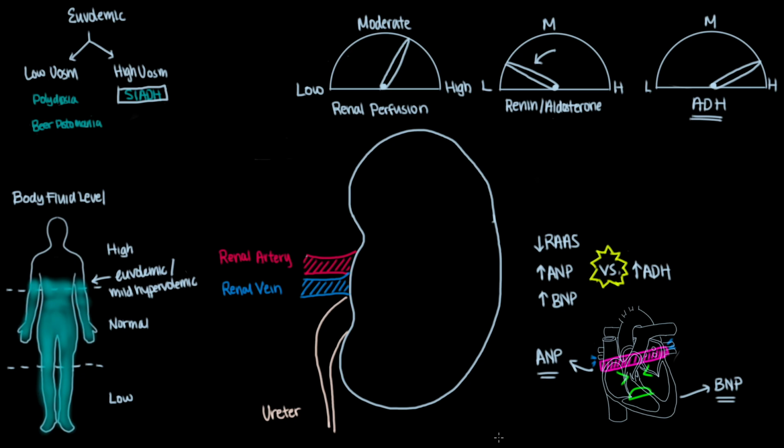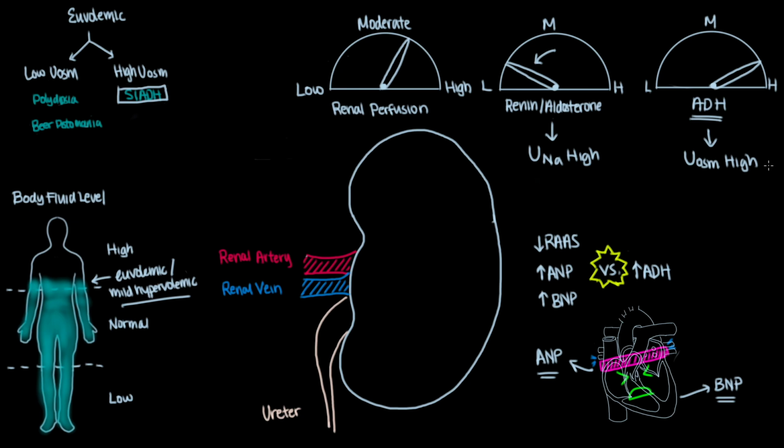Natriuretic peptides, including ANP and BNP, come into play as we approach hypervolemia, and they also fight against ADH's efforts to reabsorb water by also decreasing sodium reabsorption. And urine sodium will be high because decreased RAAS, increased ANP, and increased BNP all work to dump sodium to decrease water reabsorption. And urine osmolarity will also be high because despite the efforts of RAAS, ANP, and BNP, ADH is able to reabsorb a lot of water, which concentrates the urine.